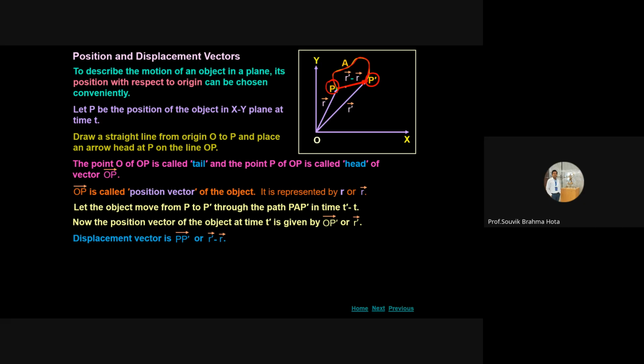How will you identify? Because it is going to the final position P dash, and that position vector is denoted by R dash. So final, that is R dash vector, minus initial, that is R vector. Therefore R dash vector minus R vector is nothing but the displacement vector.